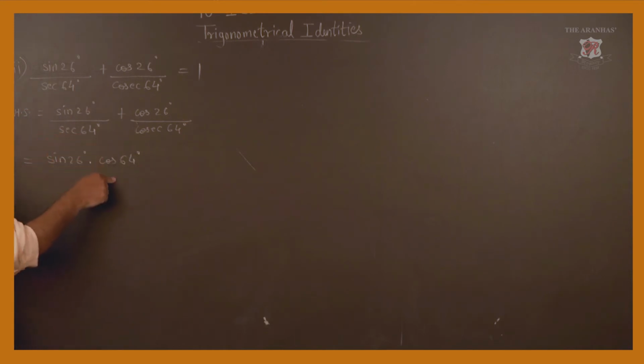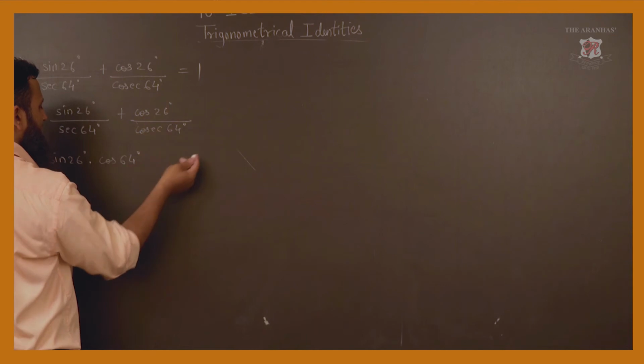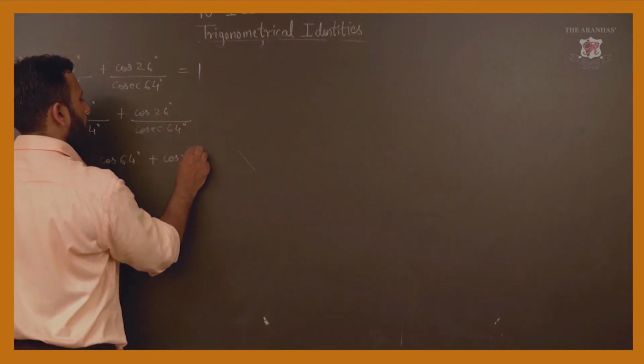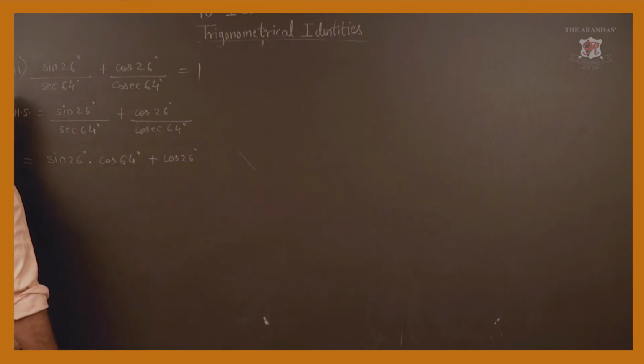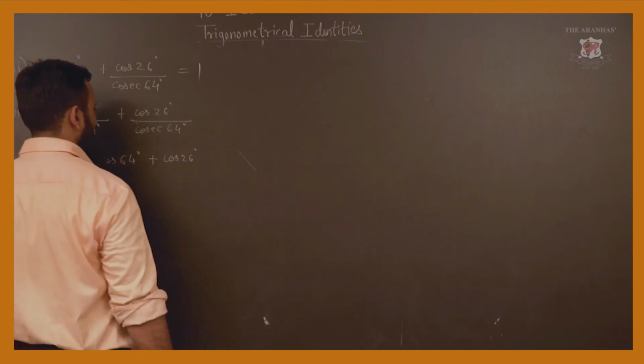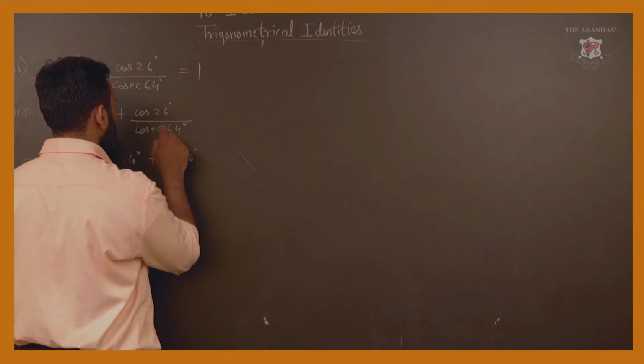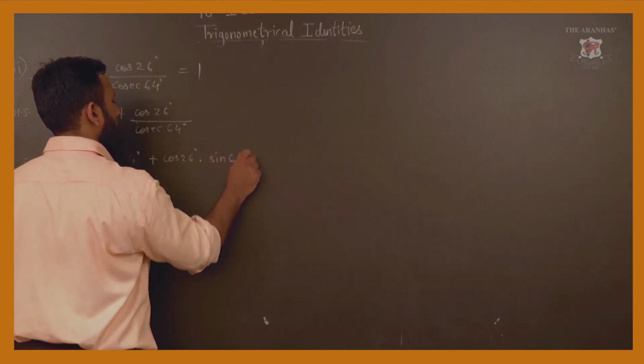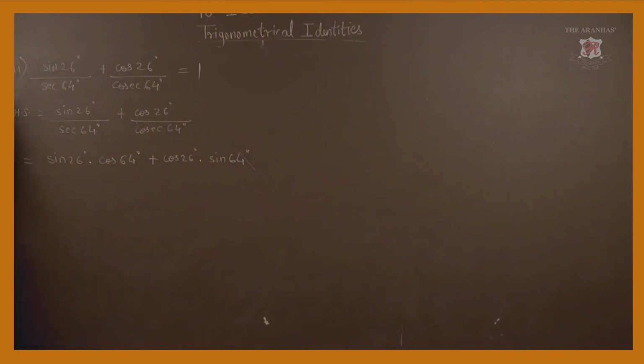Reciprocal of sec is cos, reciprocal of cosec is sin. And so here I can write cos 26 degree and this will be sin 64.